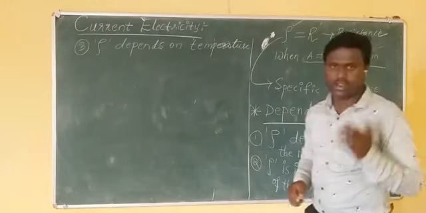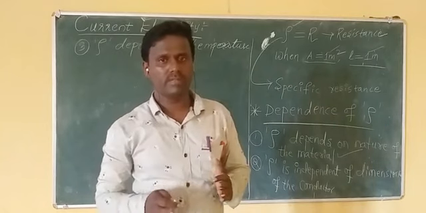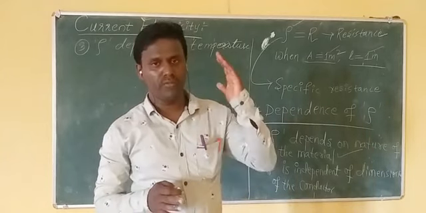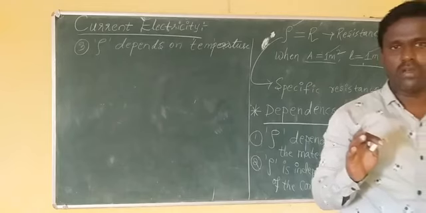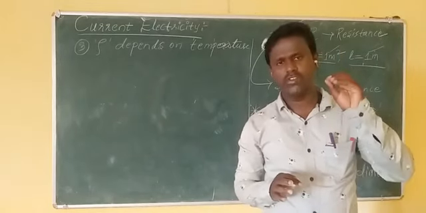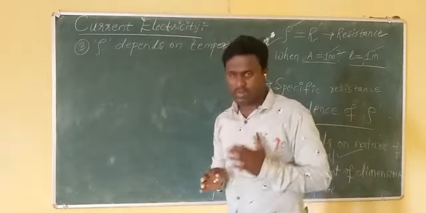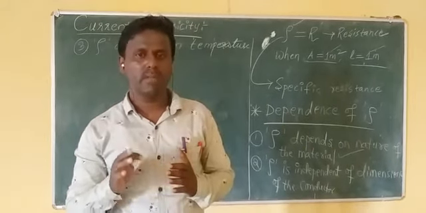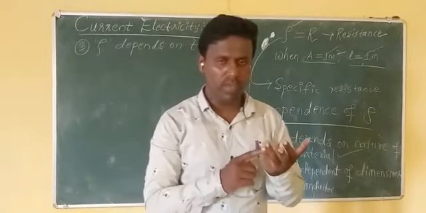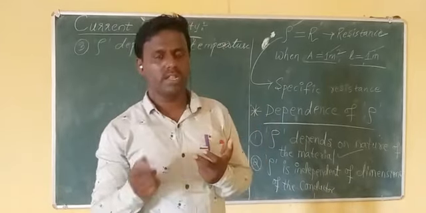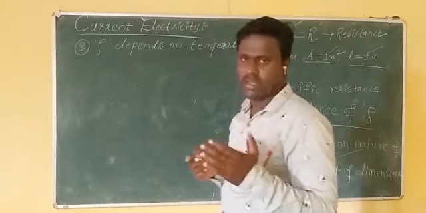Suppose there are 10 wires, all made of copper, with different lengths and different areas. The first wire is 1 meter, the second 2 meter, the third 3 meter, and so on.